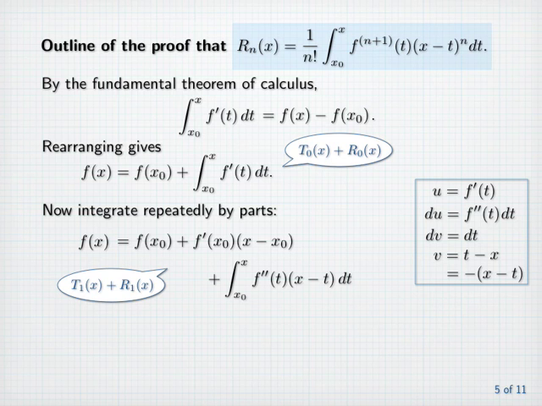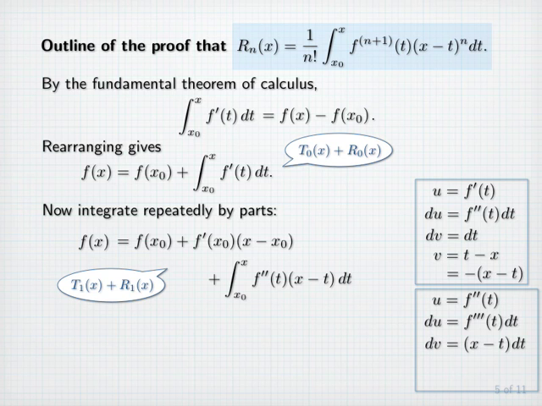Now let's integrate that remainder term using integration by parts again. Let u equal f double prime of t, which makes du equal f triple prime of t dt, and let dv equal x minus t dt, which makes v equal minus 1/2 of x minus t squared.